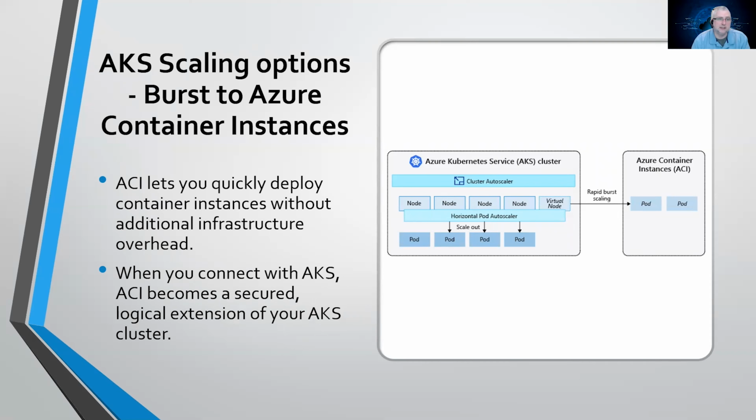So ACI lets you quickly deploy without the additional infrastructure overhead. You just connect the AKS to the ACI, and it becomes a secured logical extension. You'll see your cluster, and then you've got your ACI off to the right. You do the rapid burst, and you get pods over there.